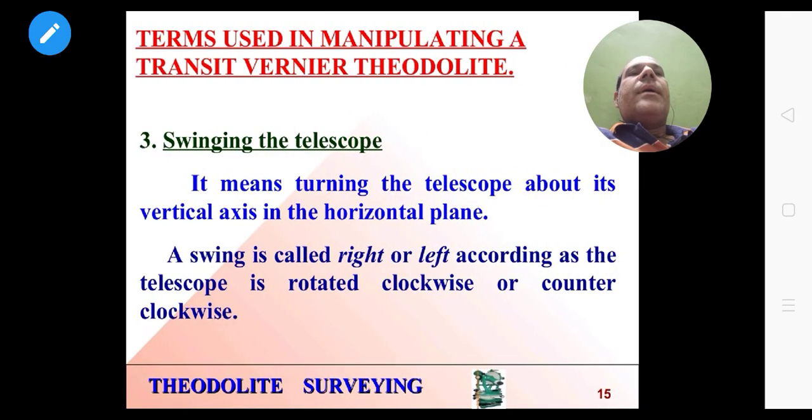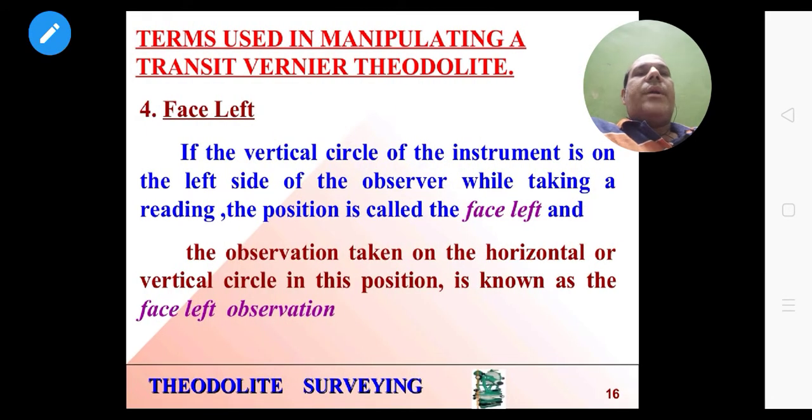Swinging means moving the telescope in a horizontal direction, as you can see in my hand, which is called swinging the telescope in a clockwise or anti-clockwise direction.